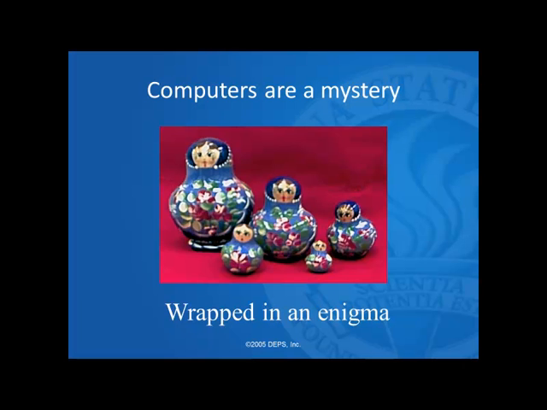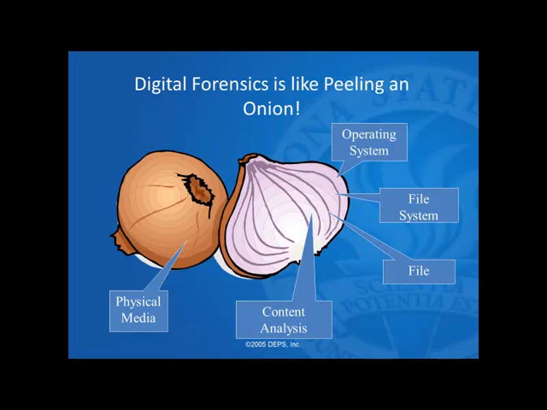They really are a series of layers, and we're going to deconstruct those layers one layer at a time, and that's what this hierarchy of access is about: deconstructing a computer problem or a digital evidence problem one layer at a time. Another way to look at it is like an onion.